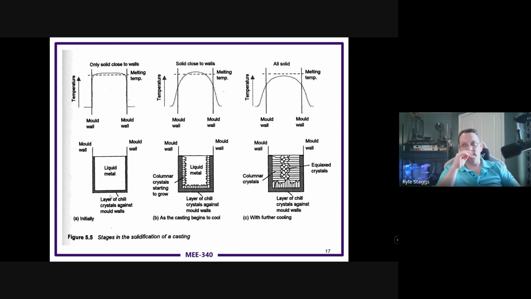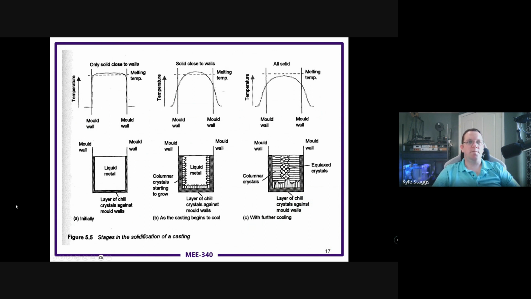Especially when you look at what happens. This is an example of the stages of solidification in a casting. You have solids close to the mold wall. You're at the melting temp, and then as your material starts to cool below the melting temp, especially at the mold wall, as the mold itself starts to heat up, you start getting some solids.